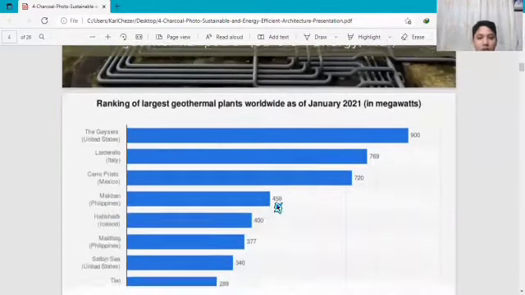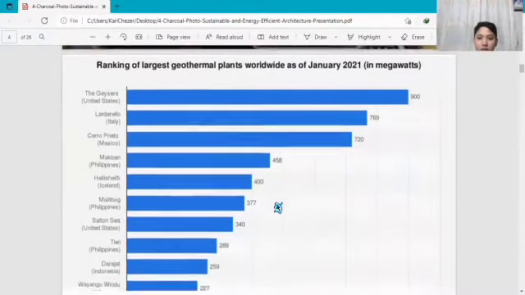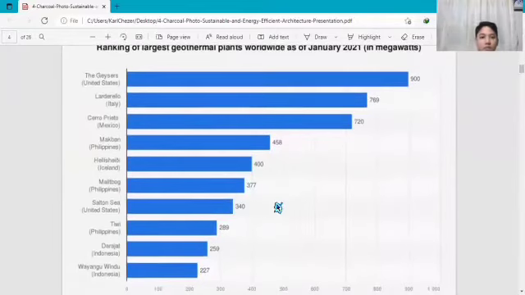Ito yung ranking of largest geothermal plants worldwide as of January 21, 2021 in megawatts. Nangunguna sa United States, The Geysers. Pangalawa ay Larderello sa Italy. Pangatlo ay ang Mexico sa Cerro Prieto. Pang-apat sa atin sa Philippines sa Makban. Pang-lima sa Iceland sa Hellisheiði.